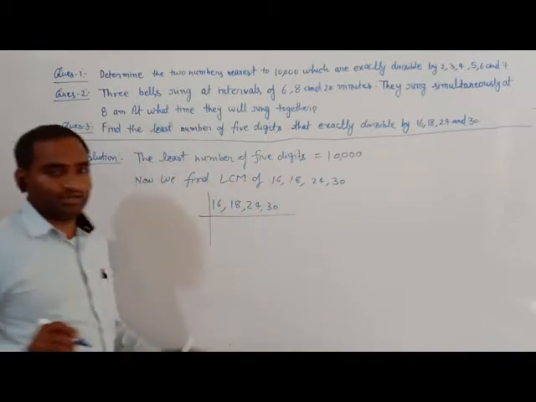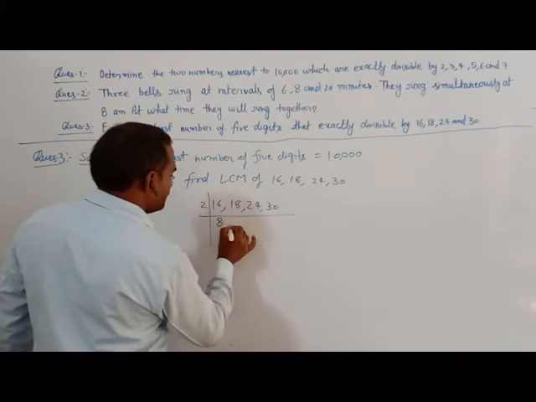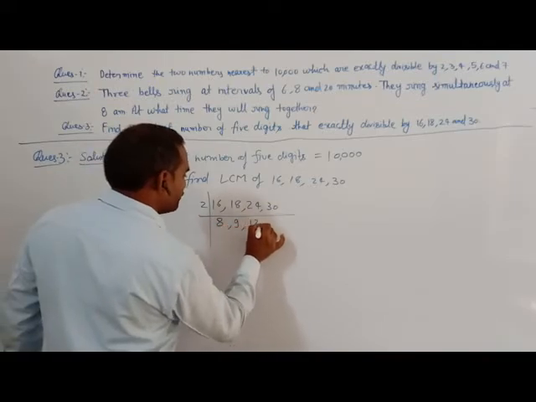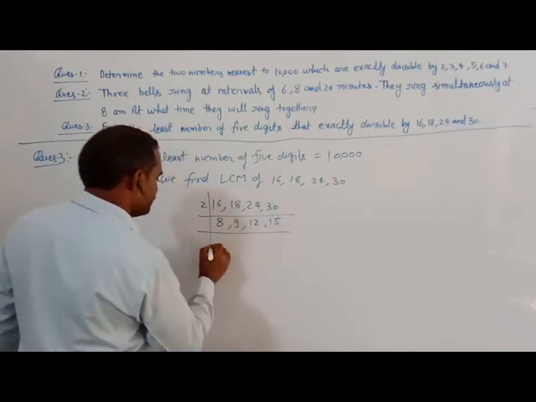We find the LCM by the continuous division method. 2 8s are 16, 2 9s are 18, 2 12s are 24, 2 15s are 30. So we get 8, 9, 12, 15. Now we divide again by 2.